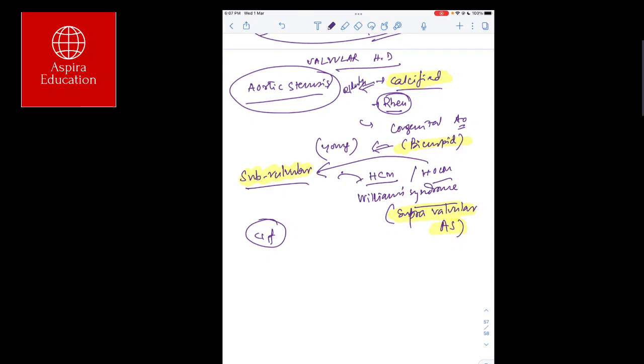Before moving there, let us discuss: one is narrow pulse pressure. In aortic stenosis, you will have an ejection systolic murmur. There may be a soft second heart sound. These are the clinical features.